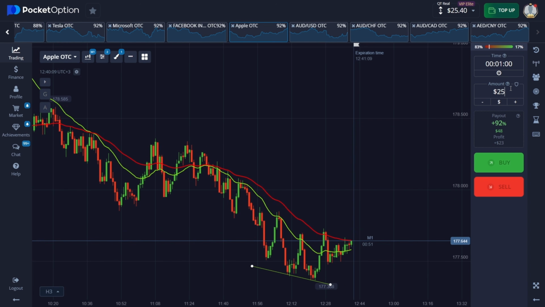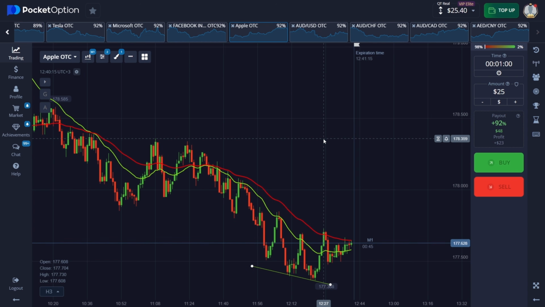Let's find a trade for $25 on the OTC market for the 1-minute time frame. On the Apple OTC, you will see a divergence from the backside, which may indicate that the candle could break the moving average and change its trend. I prefer to avoid risk on Apple OTC.